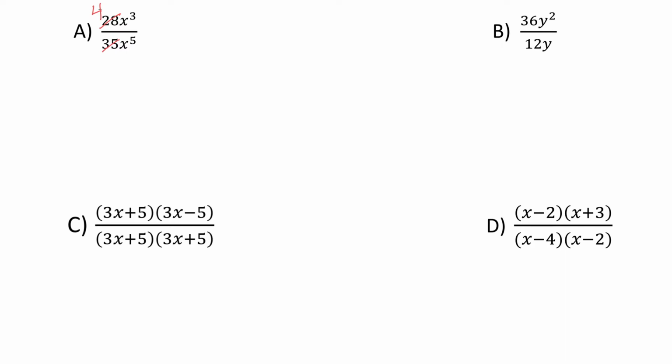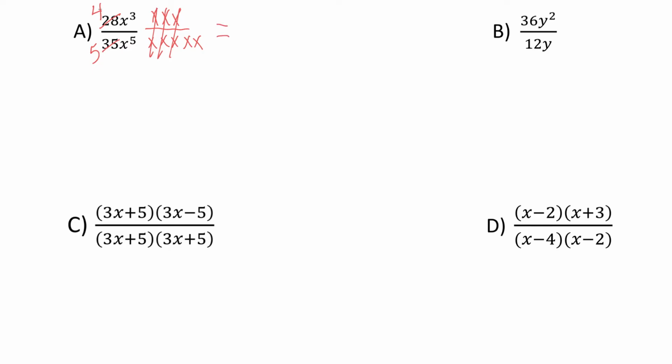And when I divide 35 by 7, I get 5. Okay? And then x to the third over x to the 5th, I want you to think about it this way. I have x times x times x in the numerator. I have x times x times x times x times x in the denominator. And so 3 x's will cancel out, but you'll have 2 x's down there at the bottom.